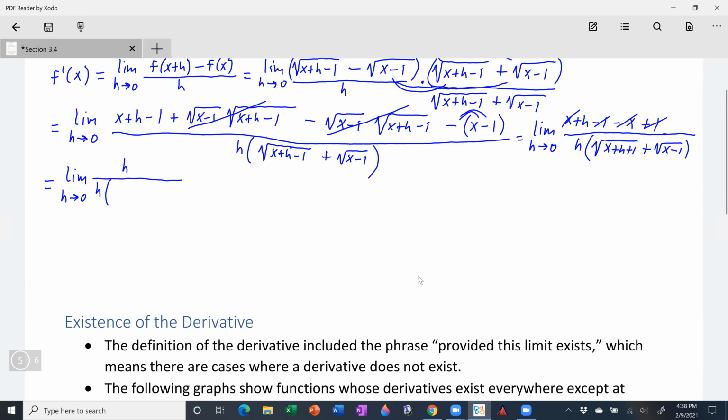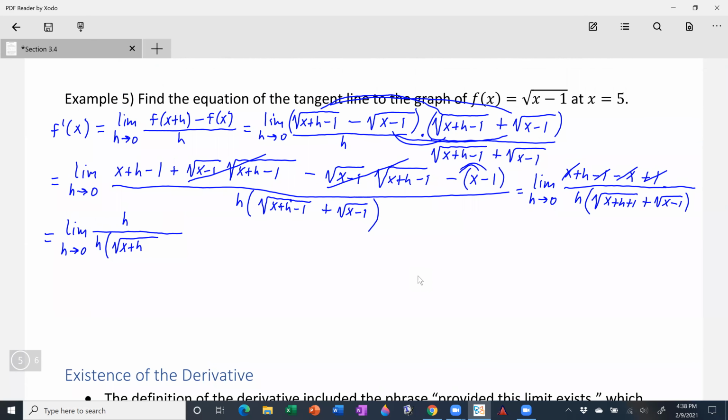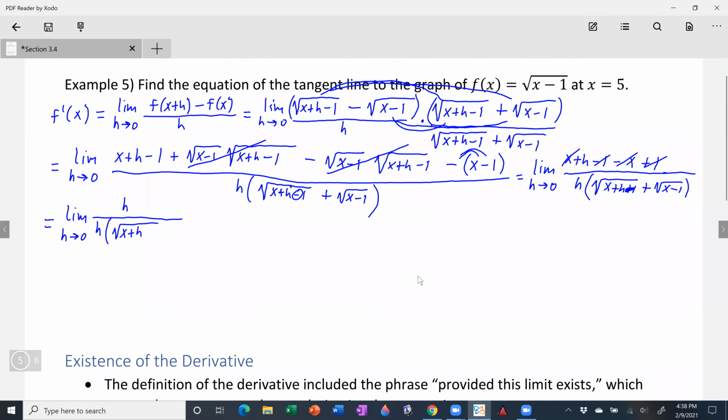And then that's going to do our nice predictable canceling. And careful, this is a minus 1. Yeah, that's a minus. So then we've got root x plus h minus 1, like I just corrected myself, plus root x minus 1.